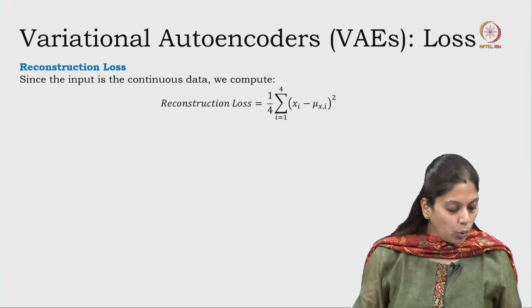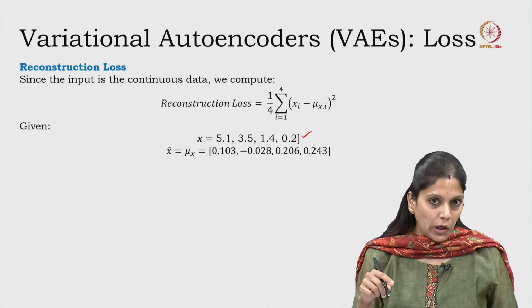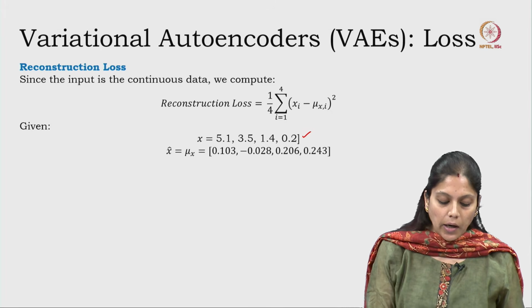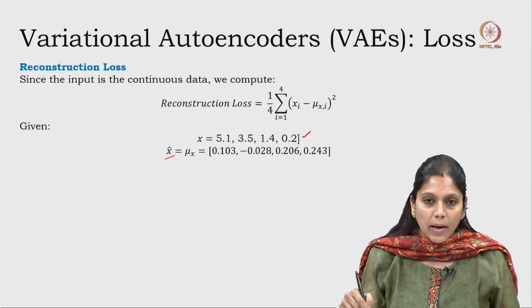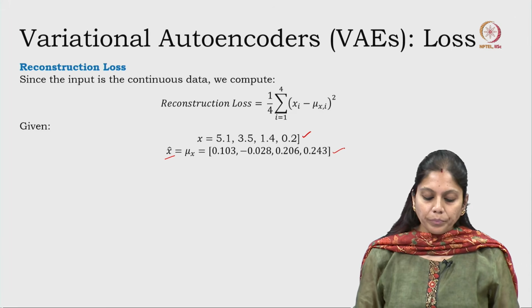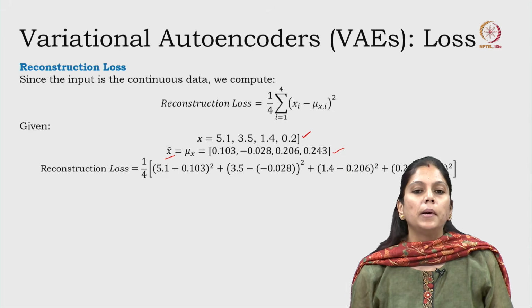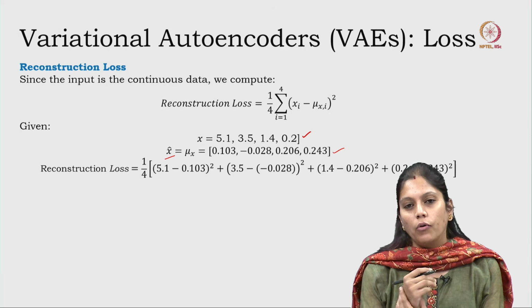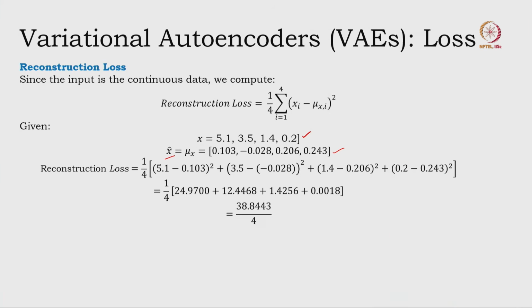So this is your original input x, and the reconstructed or generated one, x hat, is the mean. We use the rounded off values. Now simply substitute the values into this formula and do the math, and we get the reconstruction loss as 9.7111.